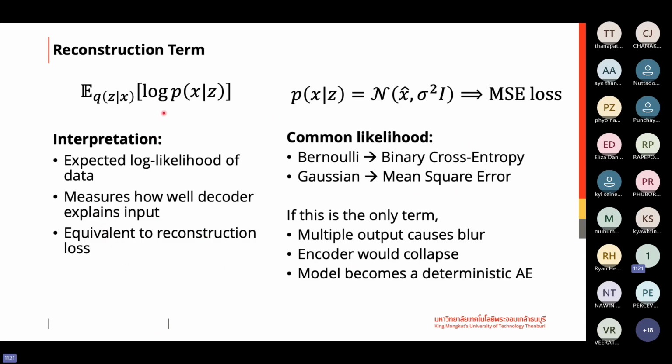This term, when you convert it to the real calculation in Gaussian terms, would be the mean square error or the square error loss, just like in a regression model. Okay, if it's Gaussian.